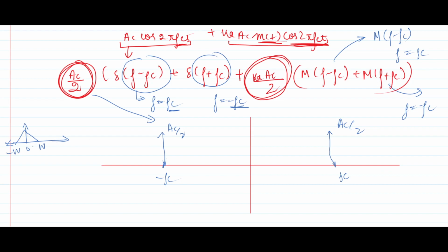As I told you in the previous video, pick up this particular signal from the origin and move it to fc and minus fc. So one of them goes here, fc plus w, fc minus w. Similarly, one goes here, fc plus w, fc minus w.